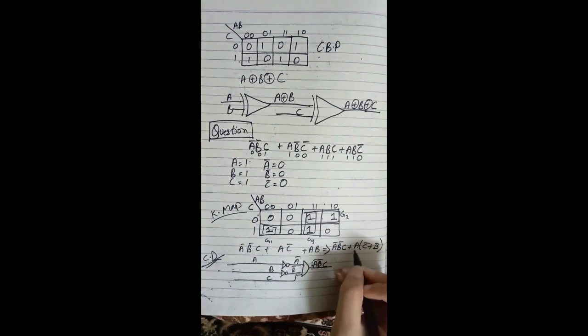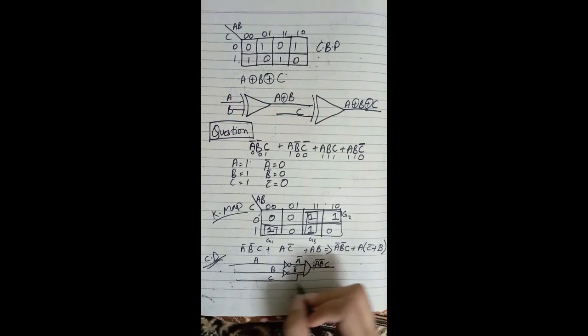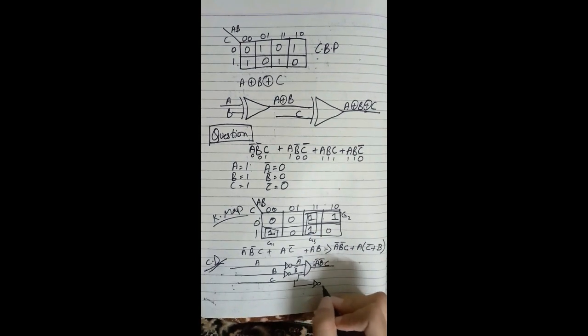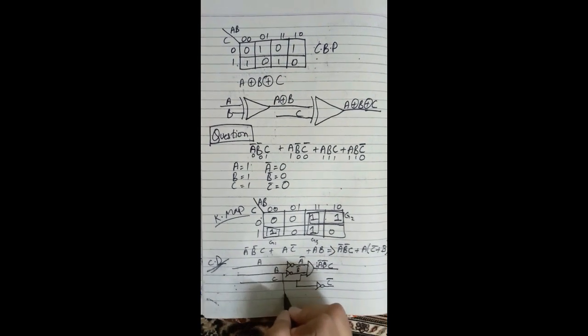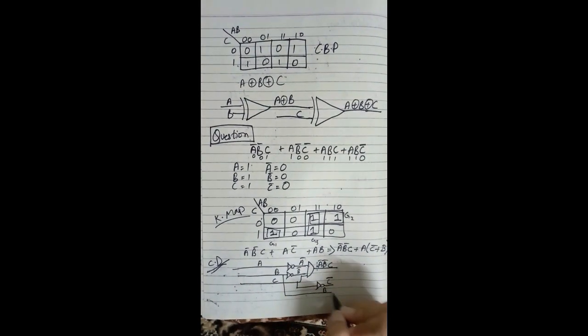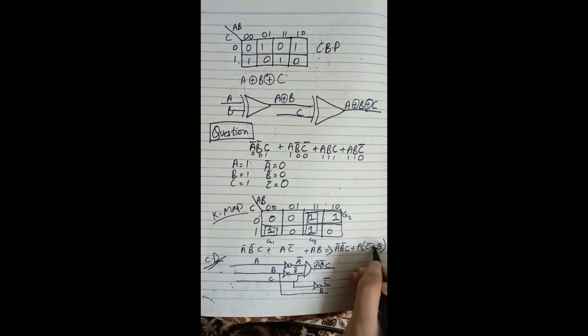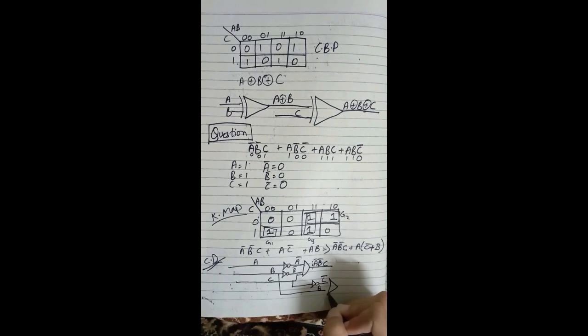Now we will draw the A into C bar plus B. First we have to draw the C bar. It will be our C bar, and then we have to take the B, not the B bar. We have to take B. They are connected with the AND. No, there's the plus sign. They are connected with the OR gate.